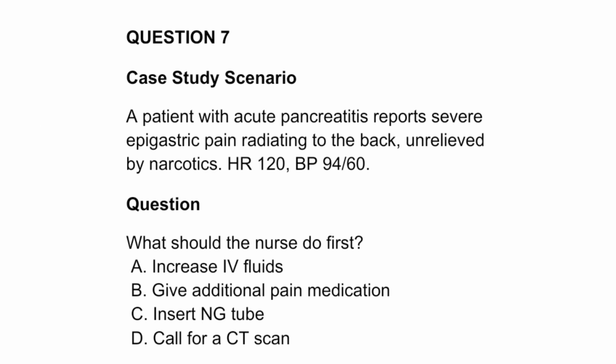Question 7. Case study scenario. A patient with acute pancreatitis reports severe epigastric pain radiating to the back, unrelieved by narcotics. HR 120, BP 94/60. Question: what should the nurse do first?